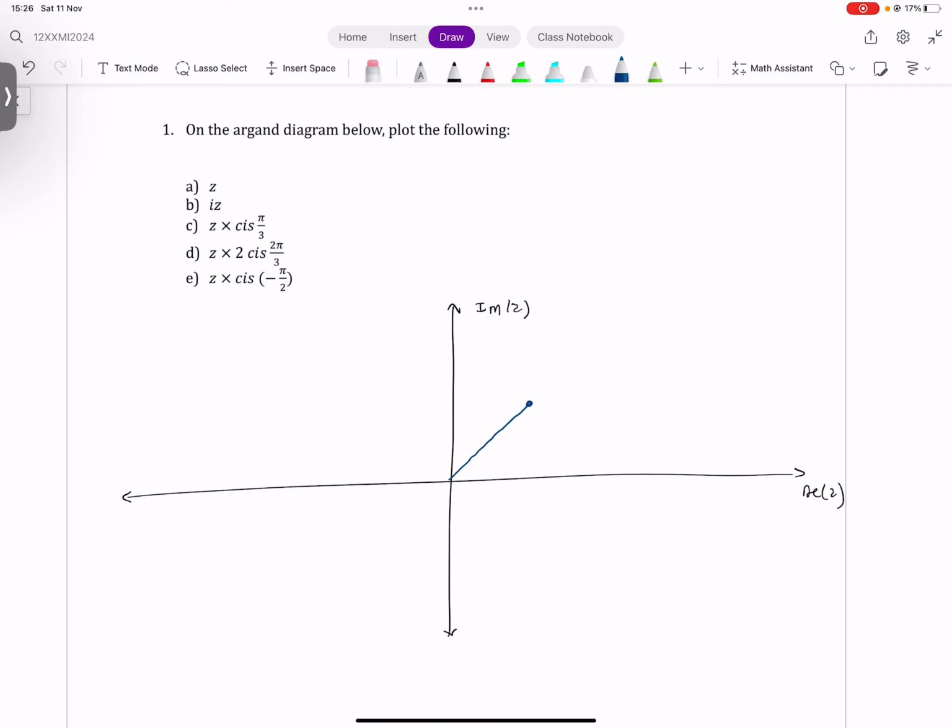So let's put it here. z is here. Now iz is going to be the same complex number, but rotated by 90 degrees. So that's iz there. We might even put a right angle there. z times cis pi on 3, well, it's going to be the same complex number, the same modulus, but it's going to be rotated by pi on 3.